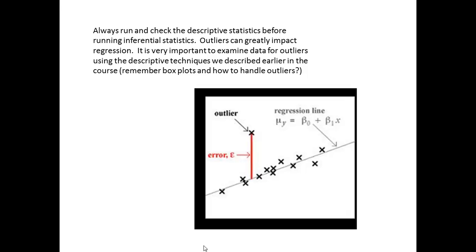Remember that we made box plots, or you can do a stem and leaf to find out if there is a variable that could impact the error in your model. And I would refer you to those lectures as far as how we handle outliers in a sample. Main thing is that you want to take care of them because they can certainly impact the residual error in your model.